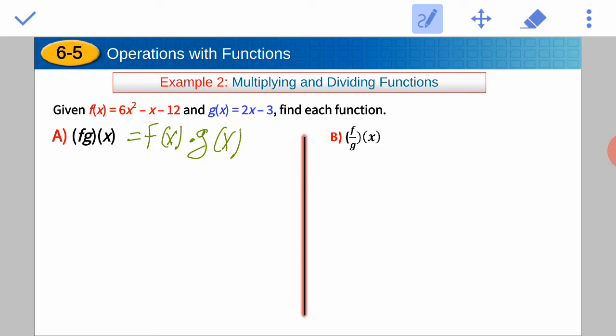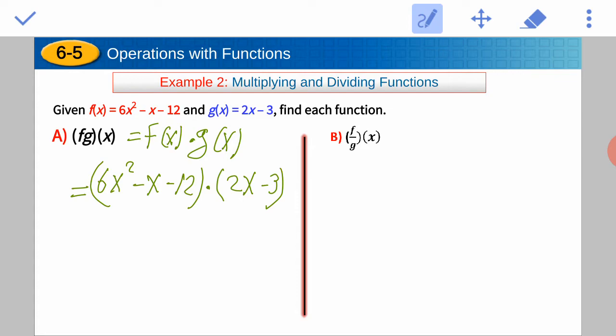It's regular multiplication. Now it's time for substitution. I'm going to substitute f of x, 6x squared minus x minus 12, everything this time in parentheses because we're doing multiplication, times g of x, which is 2x minus 3.